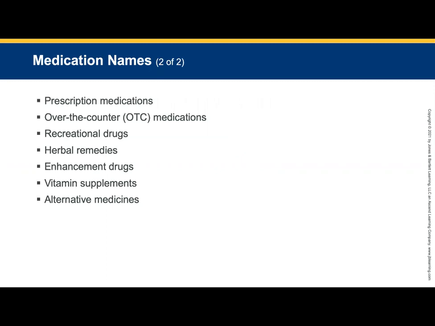Prescription meds are supposed to be distributed only by pharmacists, and a nurse practitioner, a PA, or a physician signs these medications. So they're script forms. You can have it sent in verbally or electronically to your drugstore.